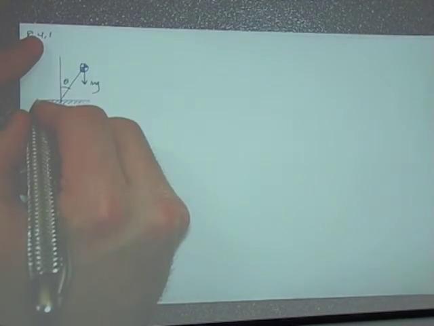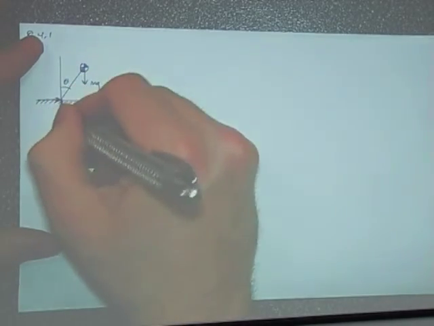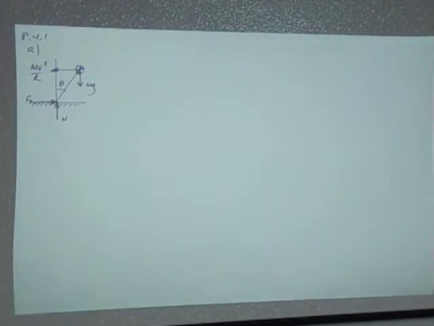We know that there is going to be a friction force in this direction, a normal force in this direction, N, and we know that there is a centripetal force or acceleration in this direction, which I'm going to call m v squared upon r.